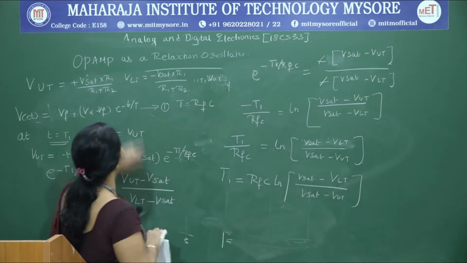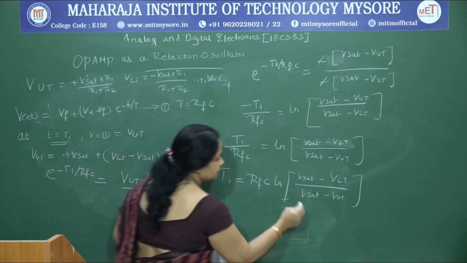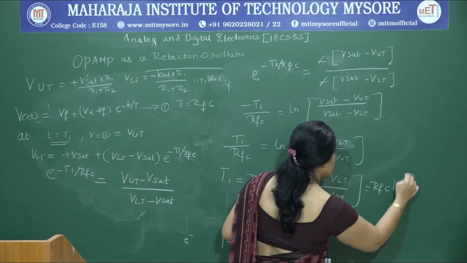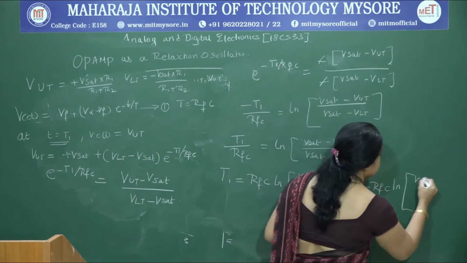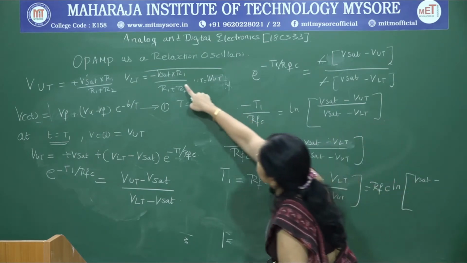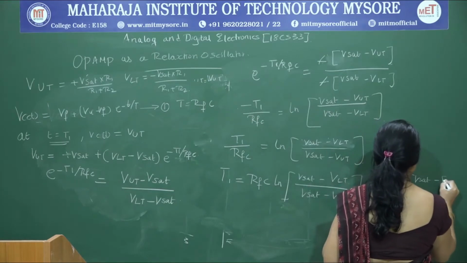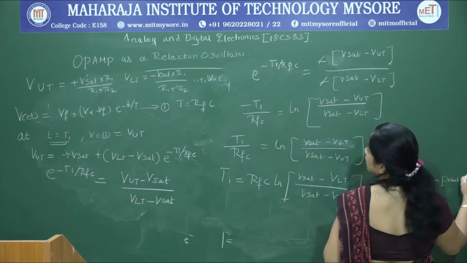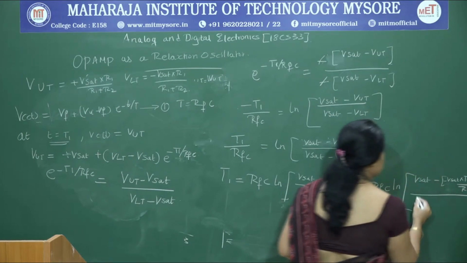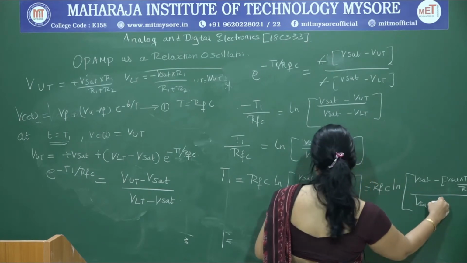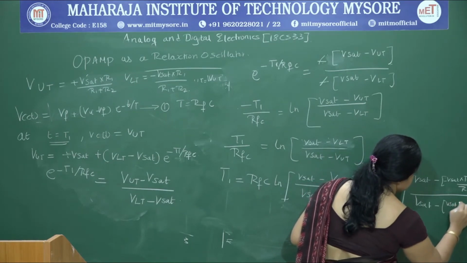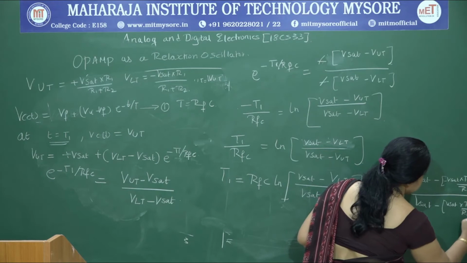Now, we have the values of VLT and VUT, so we will substitute. It is going to be RFC logarithm of Vsat minus VLT, which is minus Vsat into R1 by R1 plus R2, and in the denominator we have Vsat minus Vsat into R1 by R1 plus R2.